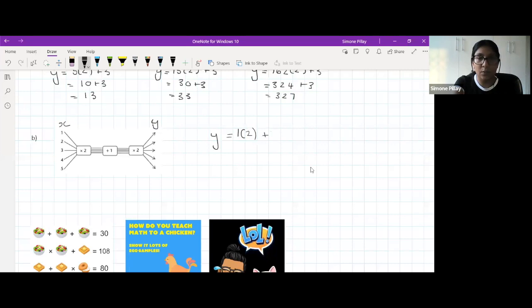I then have to add 1, and I'm multiplying all of that by 2 again. This looks a little bit confusing. Let us break it down into an easier format. If I am saying 1 multiplied by 2 plus 1 multiplied by 2, I'm going to do this. 1 times 2 is 2, 2 plus 1 is 3, and 3 times 2 is 6.